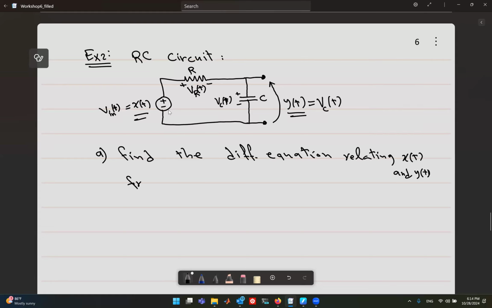Kirchhoff's current law says that the summation of currents at any node is zero. So if you have current of some value entering a node, the same current should leave the node.